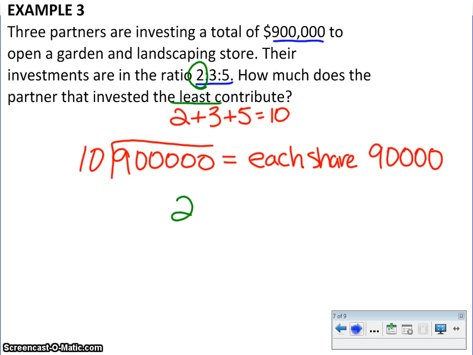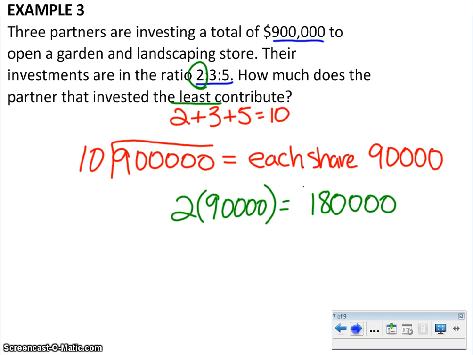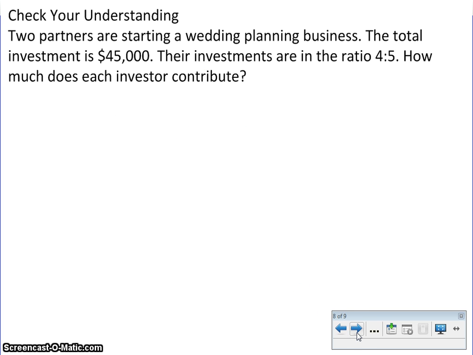So the least owned 2 parts of that. So we take 2 times the 90,000, and we find that the smallest partner invested $180,000. Please press pause, go ahead and solve. When you're ready, come back.